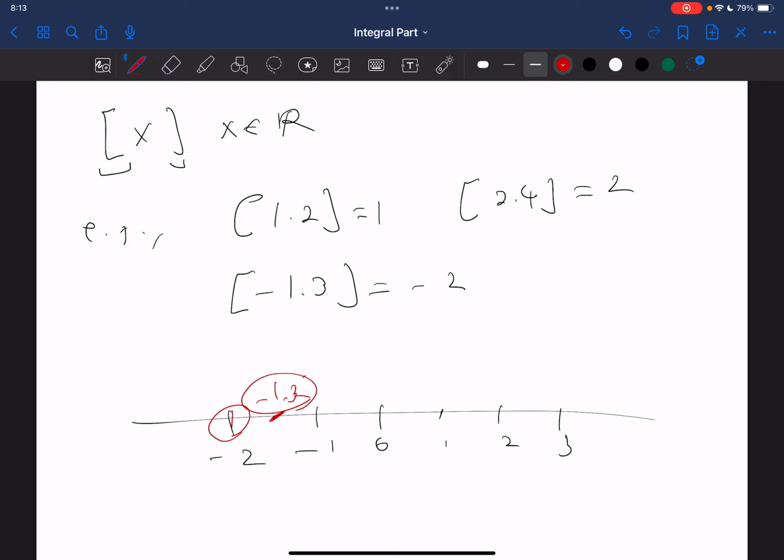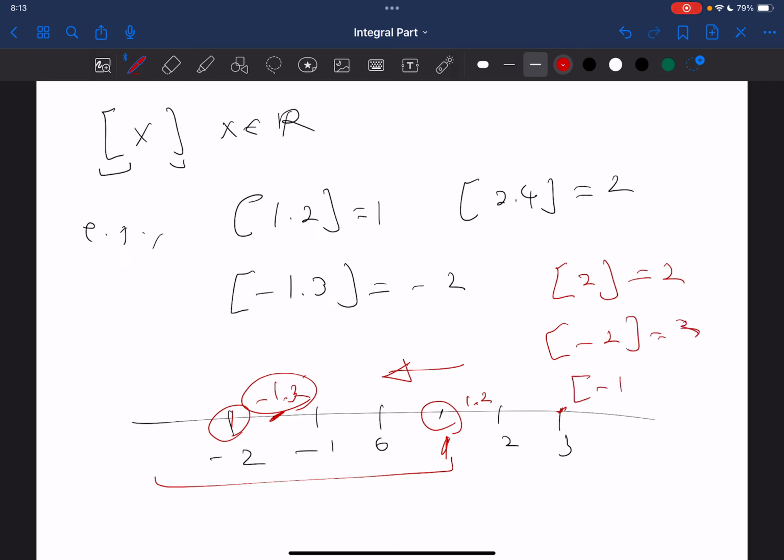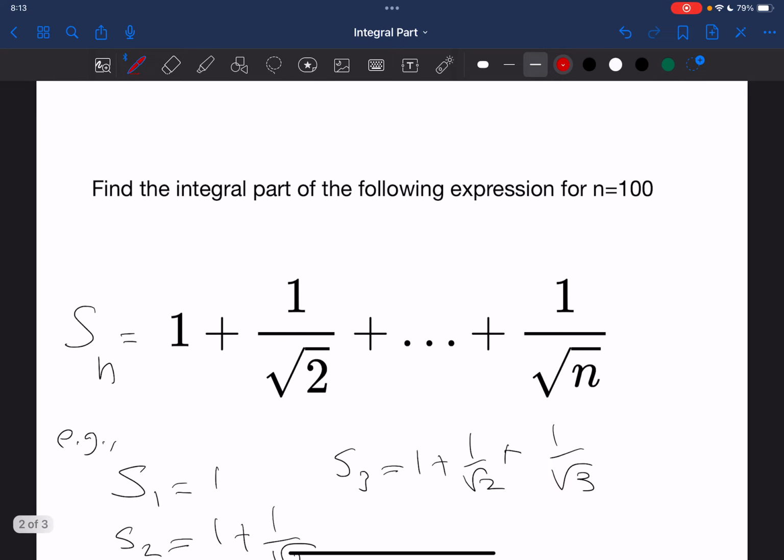And the same for here. We have 1.2 in this direction. If we go to the left, the first integer we get is 1. So the integral part of 1.2 is 1, and the integral part of minus 1.3 is minus 2. And if x here is already an integer, the integral part is itself. So integral part of 2 is 2, integral part of minus 1 is minus 1, etc.